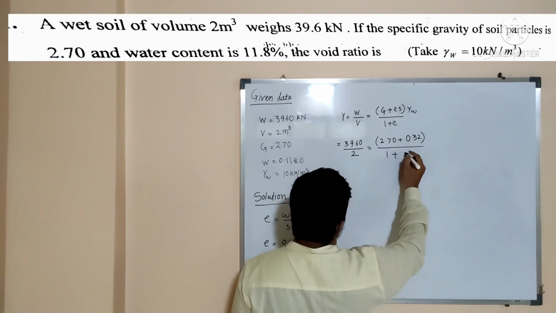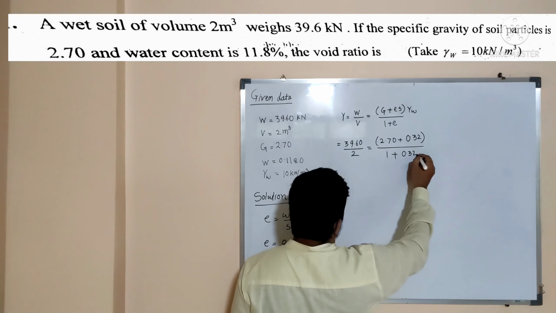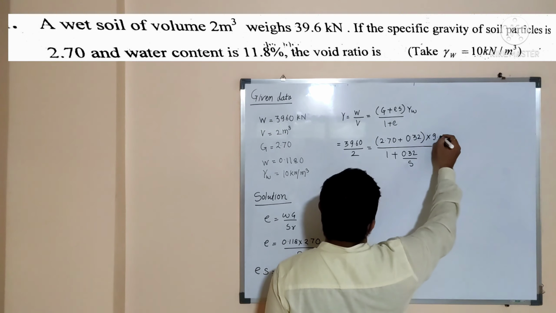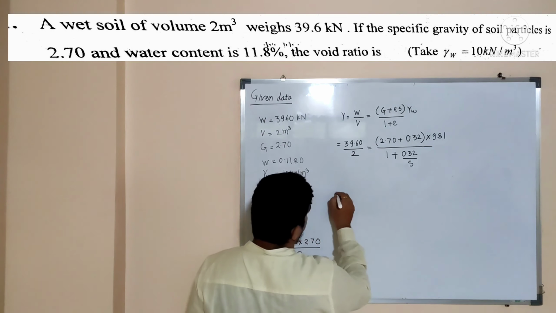We can write 0.32 divided by S into gamma_w, which is 9.81 kilonewton per meter cube.